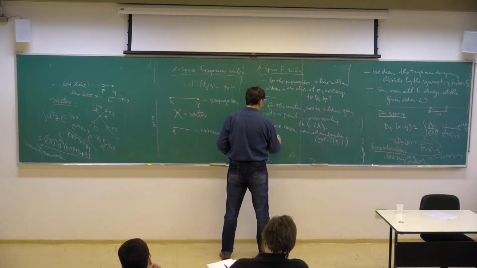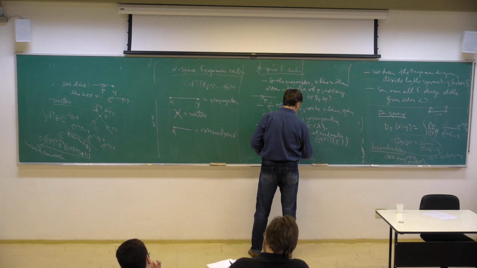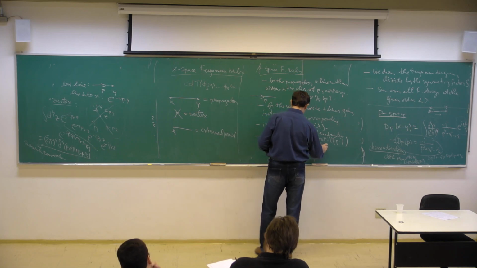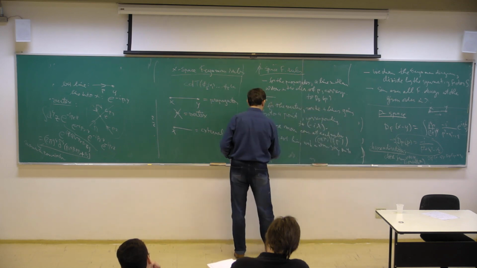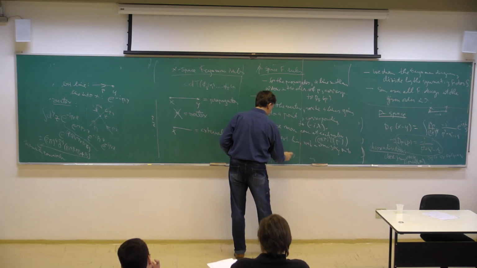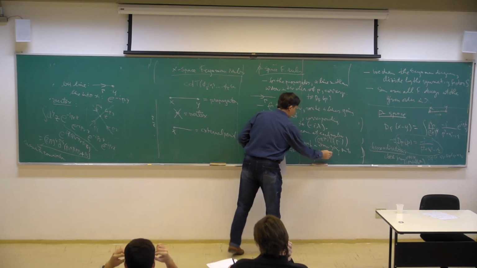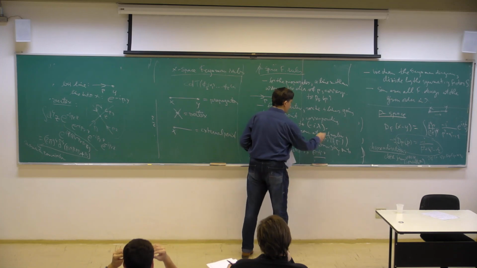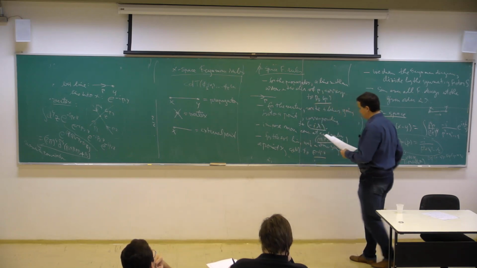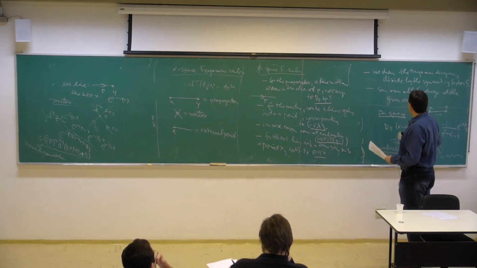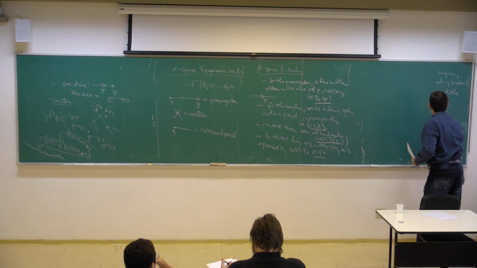Then for the external lines, write an arrow going into a point x, corresponding to e to the minus I p x, right? And then, well, similarly to x space.